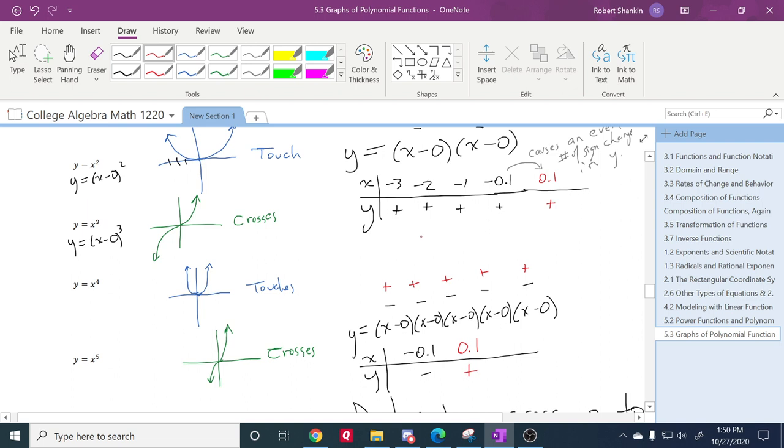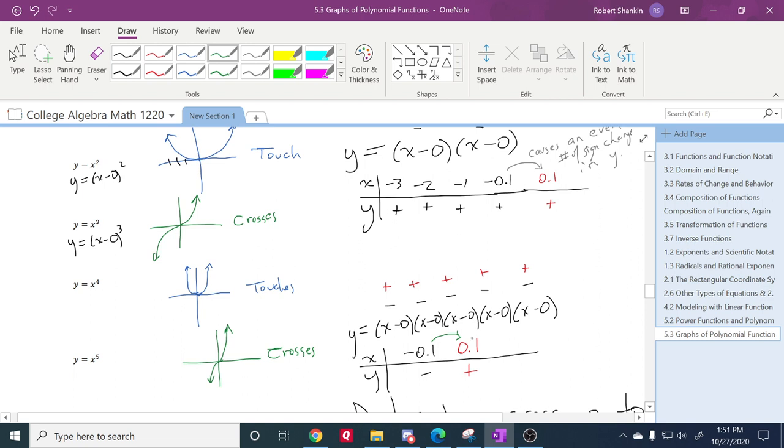So as we crossed from here to here, 1, 2, 3, 4, 5.